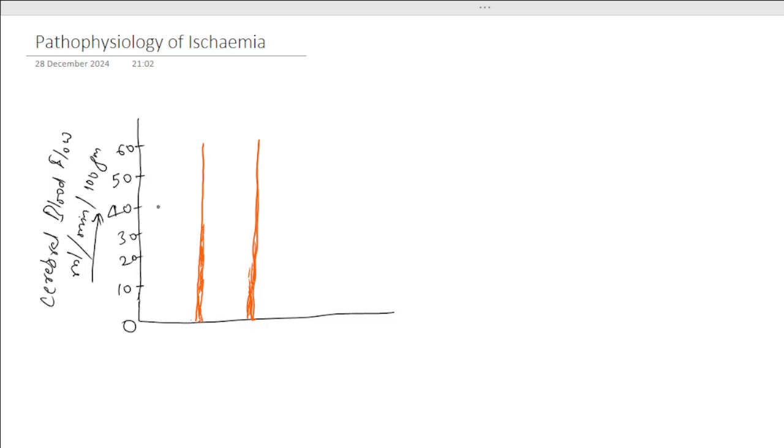Okay, this is how it is. So if it is at this level, up to, let us say 20, let me draw first, then I'll explain it to you.